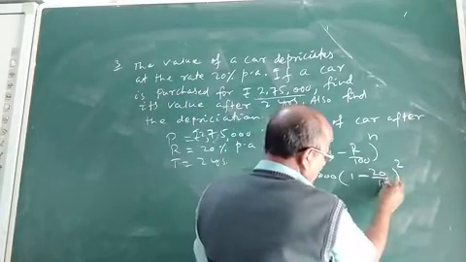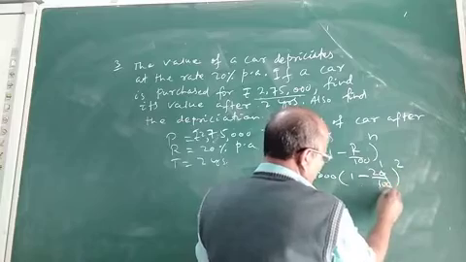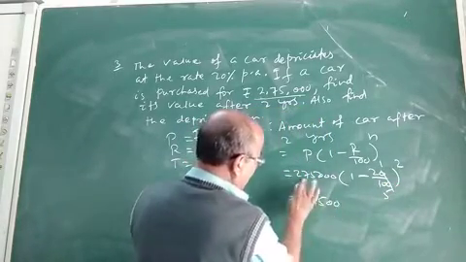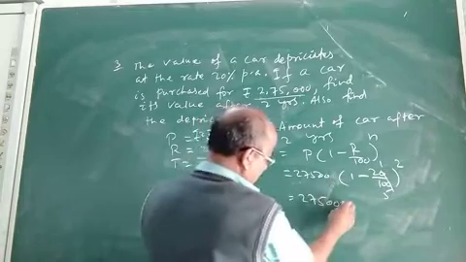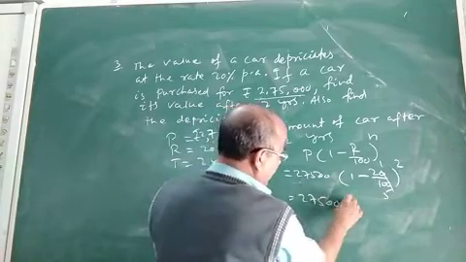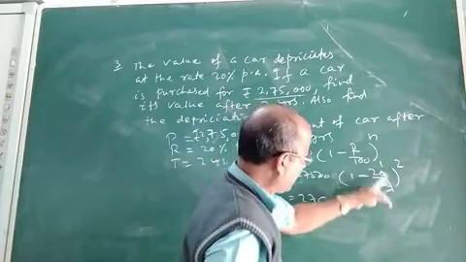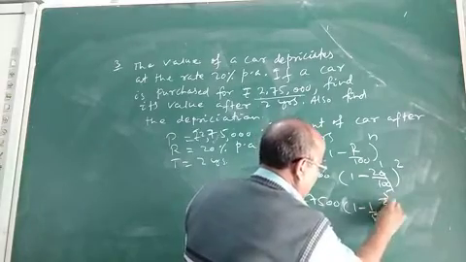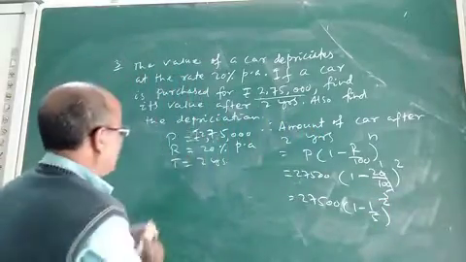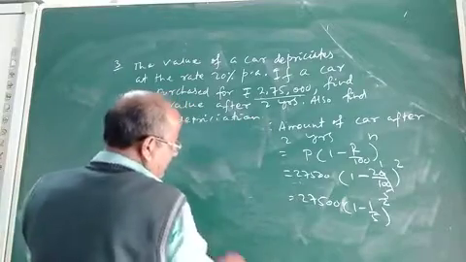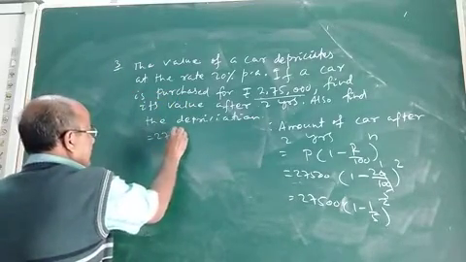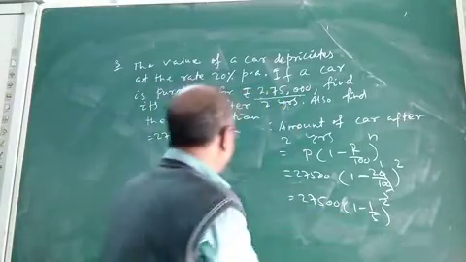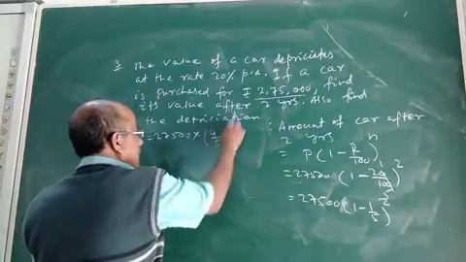Okay, so 0 cancels. It will be 1 by 5. Now this will be 27,500 into 1 minus 1 by 5 whole to the power 2. Now on further simplification, this will be 27,500 into (5 minus 1, it is 4) 4 by 5, 4 by 5 whole square.